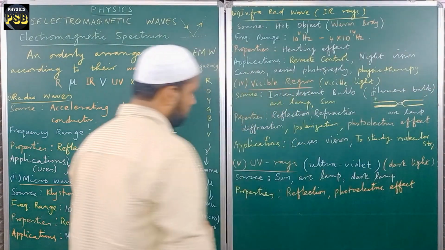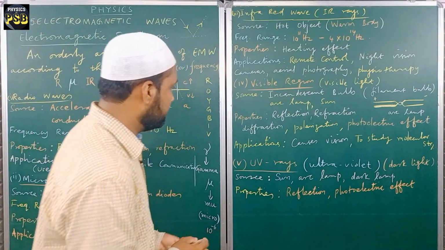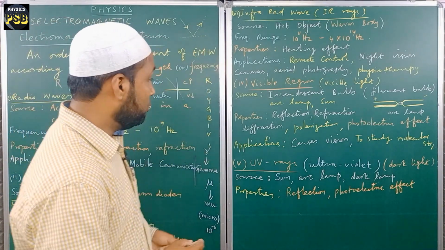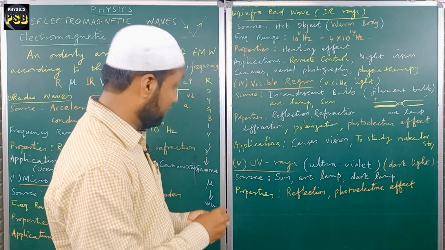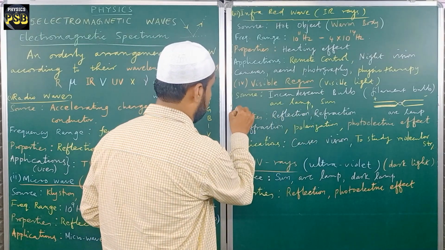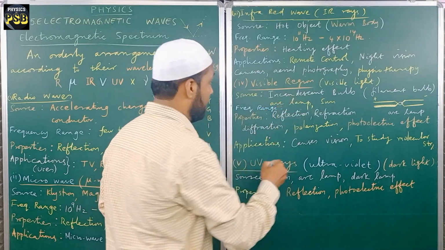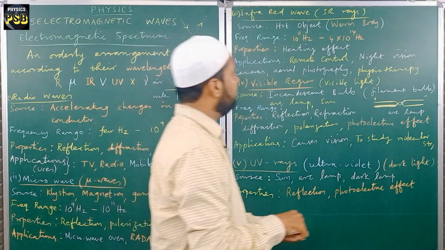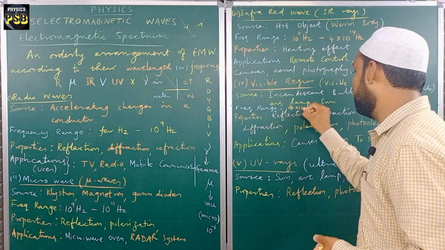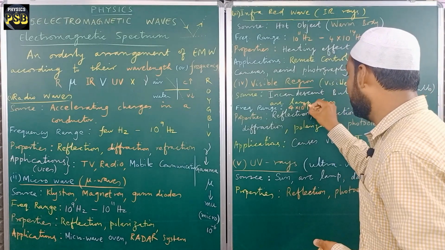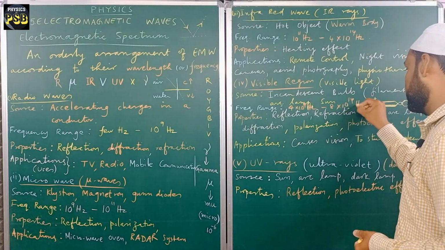Okay, now applications. Okay, one thing I forgot to mention here is the frequency range. What is the frequency range of visible light? The frequency range is between 4 into 10 power 14 hertz and 8 into 10 power 14 hertz.